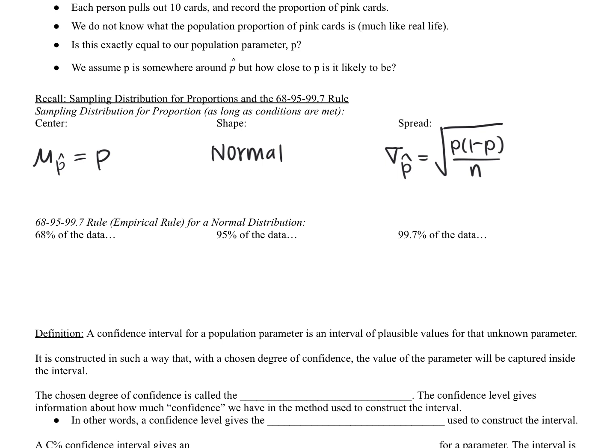So, the 68, 95, 99.7 rule. 68% of data is within one standard deviation of the mean. 95% of the data is within 2 standard deviations of the mean.